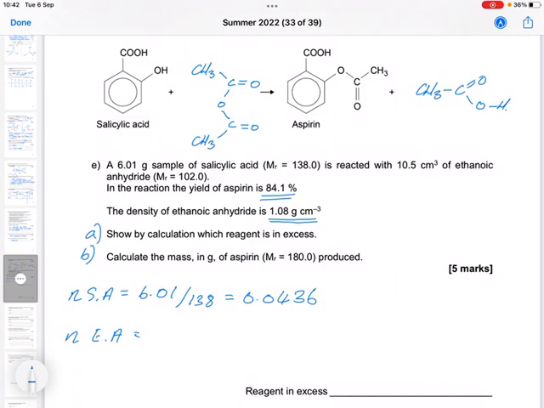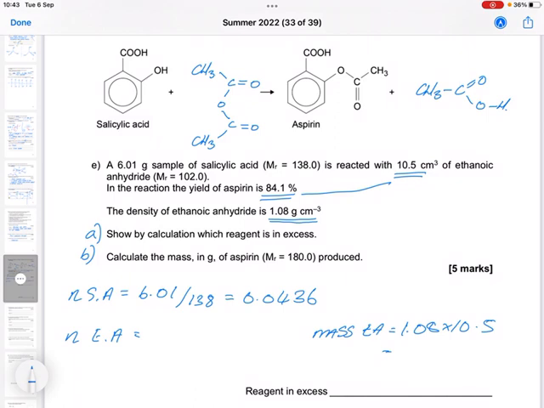okay, so I've got a volume here and the density, so I need to work out the mass. So the mass of ethanoic acid is density times volume, so 1.08 times 10.5.